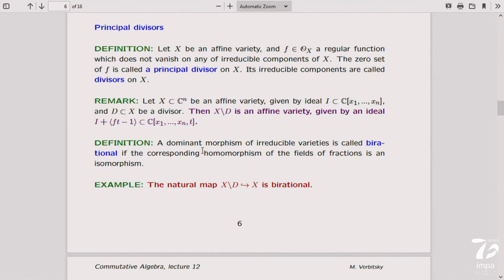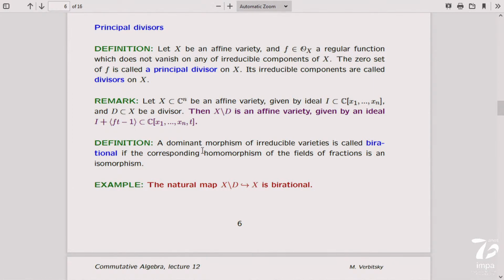So generally, divisors should be defined by one element. They correspond to ideals which should be defined by one element. Unfortunately, it's not entirely true, because you might have divisors which are not principal. So principal divisors are subvarieties corresponding to ideals which are principal, generated by one element.